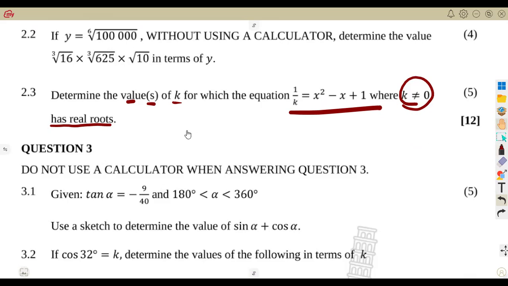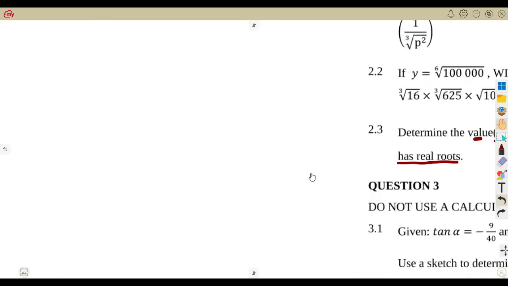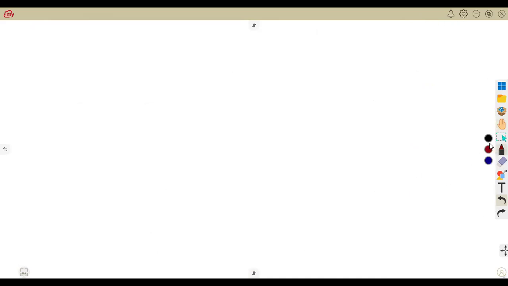Anyways, let's see. They want a condition where this whole equation is going to have what? Has real roots. All right. So let's consider that it has real roots. We are given our equation 1 over k is equal to x squared minus x plus 1 like this. Remember, it's a condition where k cannot be equal to 0, but we need a condition that it has what?